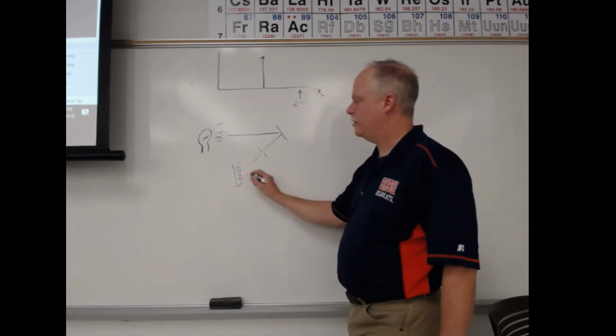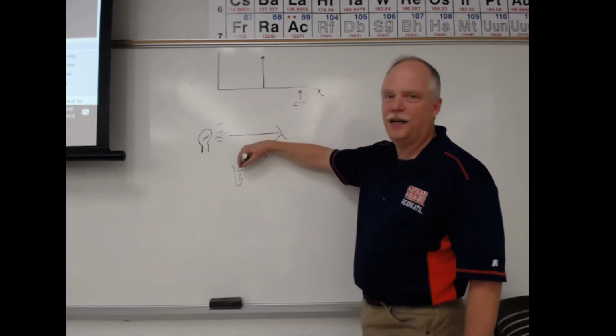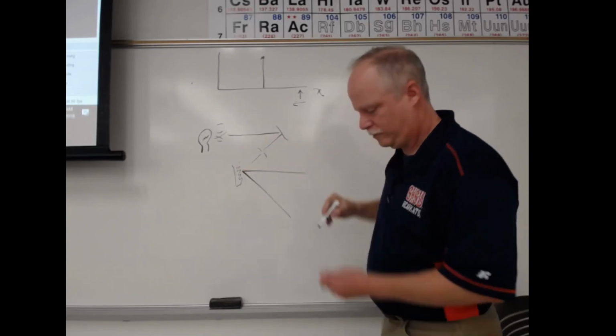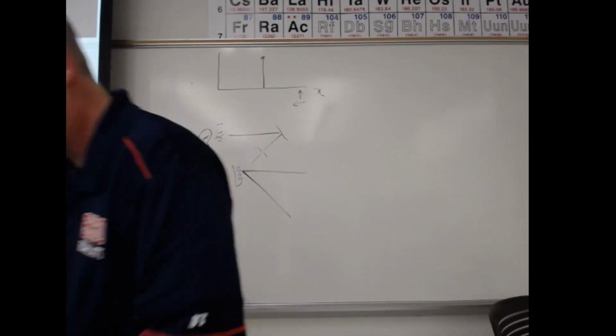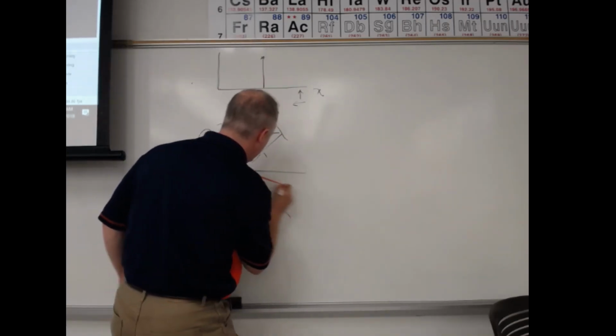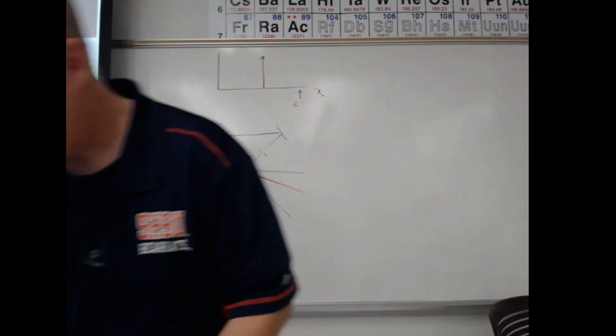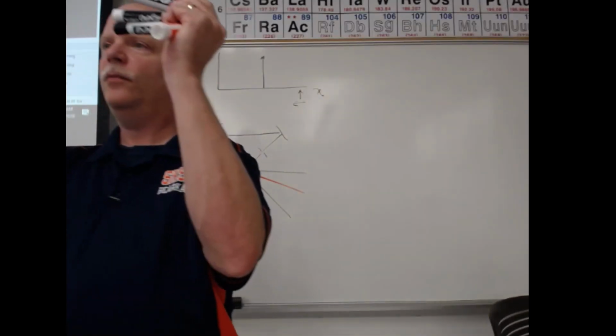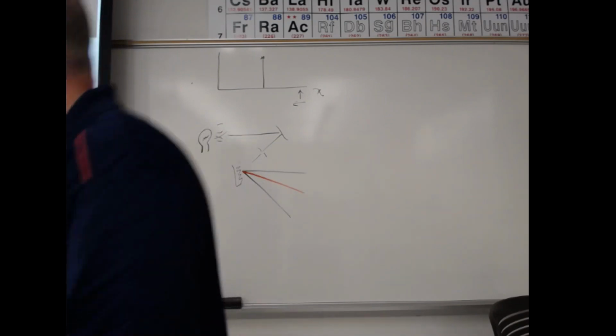When you take instrumental, you'll understand what's going on here. So the light hits this and comes off in a rainbow. Yeah, you could use a prism as well. Where'd all my colors go? Look at that, I got all black. Red.